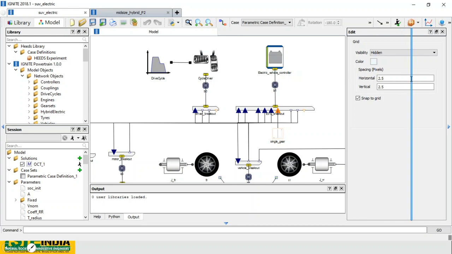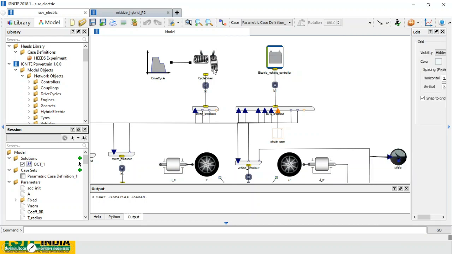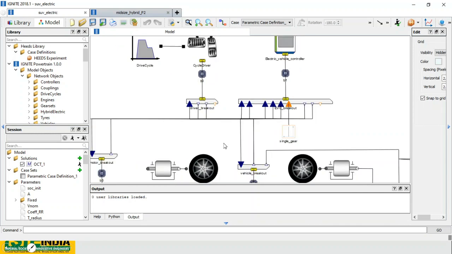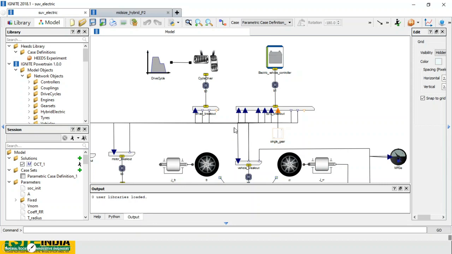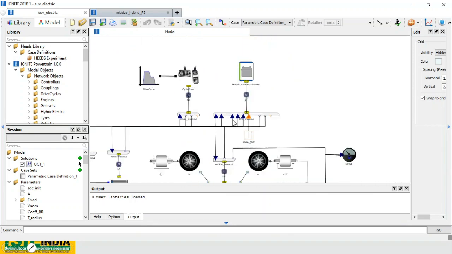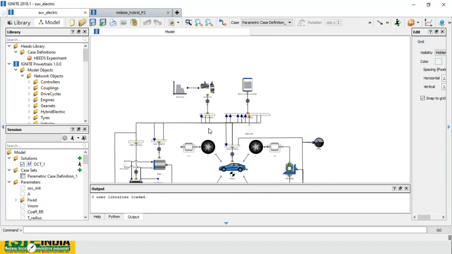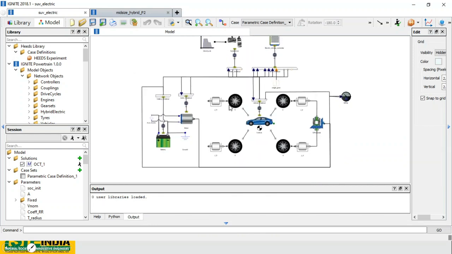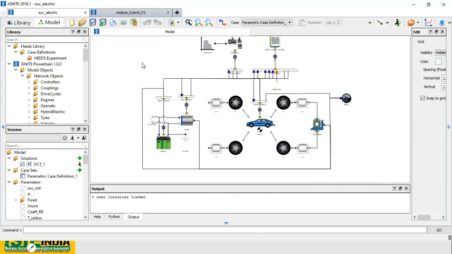Then we have a driver control which gives the input according to the drive cycle, and then there is a collaboration between the driver and the electric vehicle circuits which are controlling the whole car system. Okay, so this was all about the electric SUV.